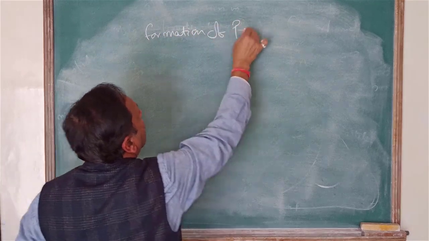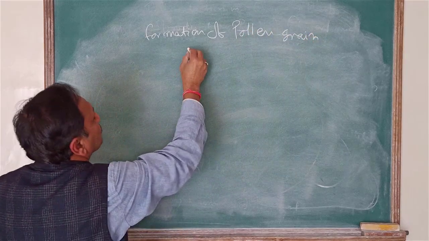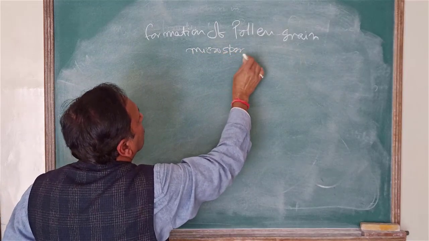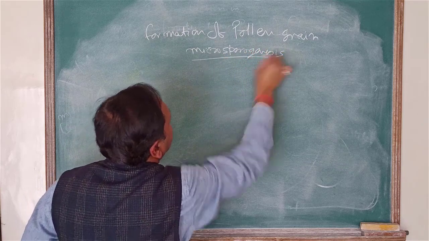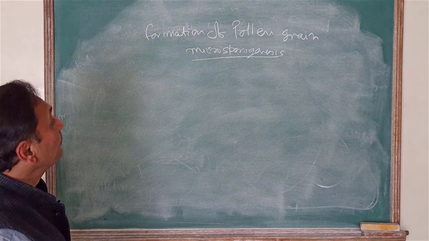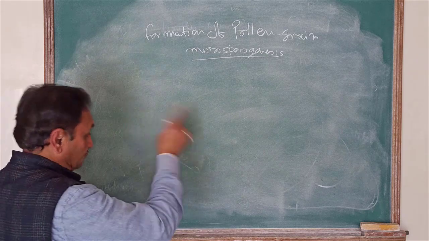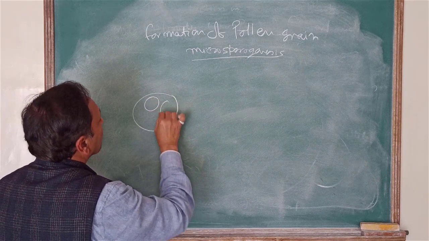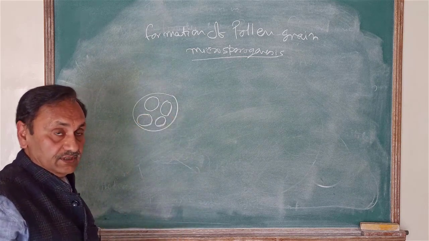Formation of pollen grain is called microsporogenesis. Microsporogenesis is the development of pollen grain. We have discussed that inside the microsporangium, so many microspore mother cells are present.